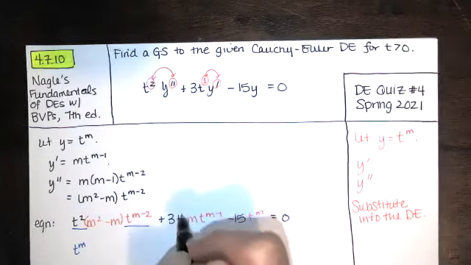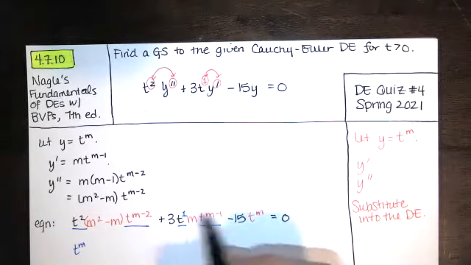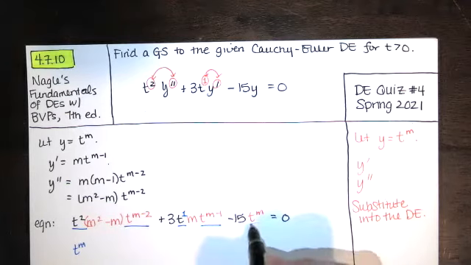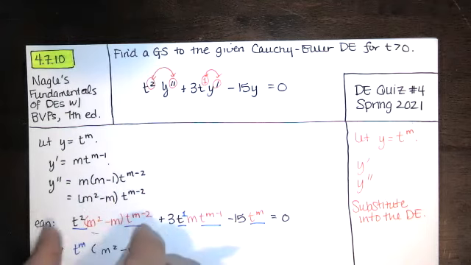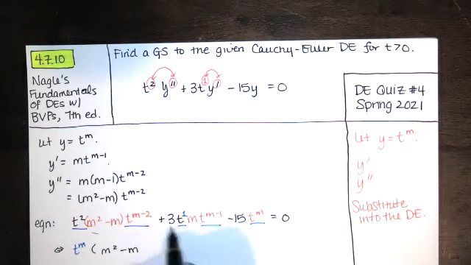And this t to the first times t to the m minus 1, when I add those exponents, gives me a t to the m. So t to the m actually factors out from every term. And we're left with an m squared minus m from the first term, and then over here we have a 3 and an m, and then a minus 15.